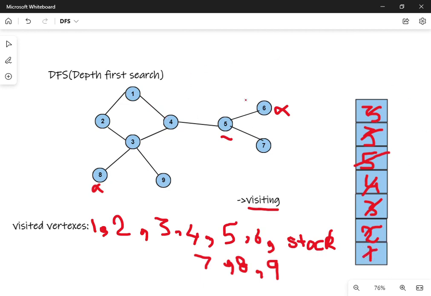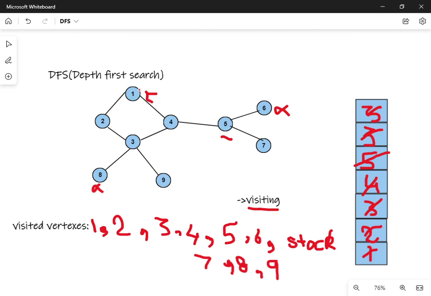One thing to remember: once you visit a vertex like 1, you should start exploring it, which means we should visit 2 or 4 also.